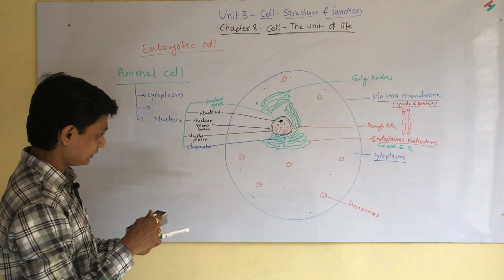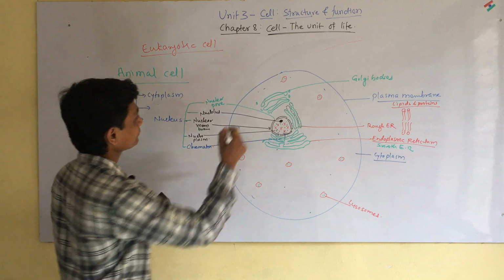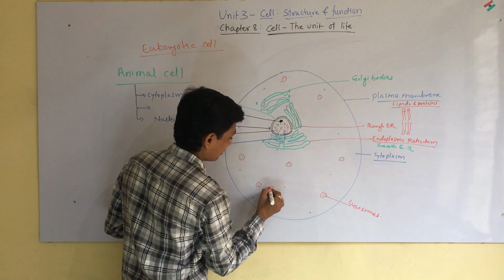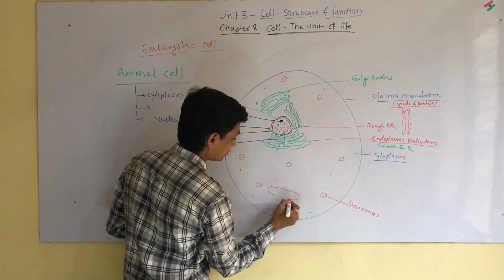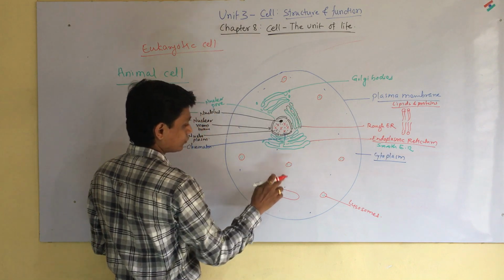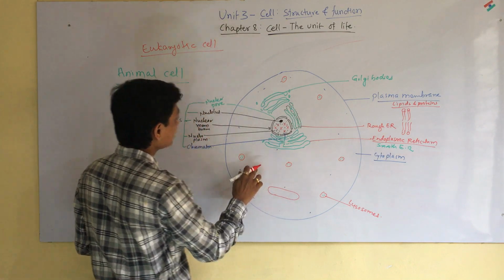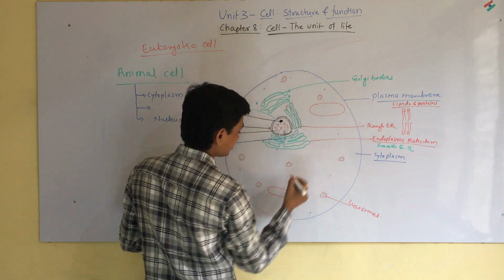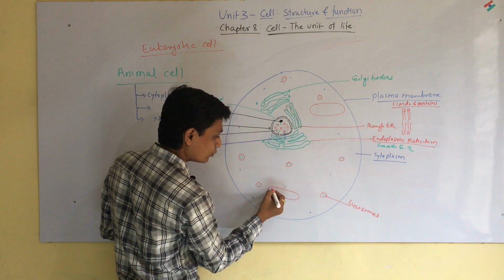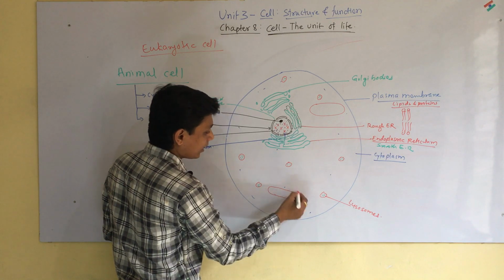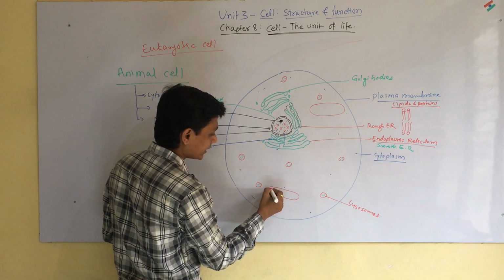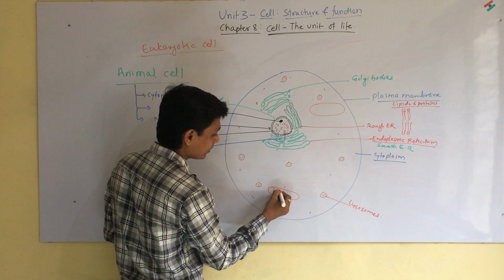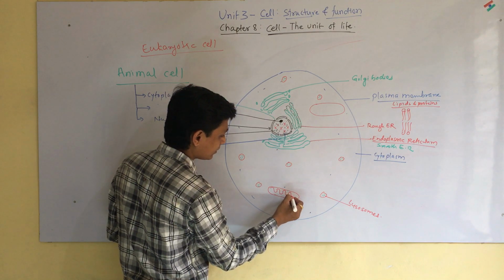Then along with this, some cylindrical structures are also present. Lysosomes are numerous in number in animal cell. Some cylindrical structures which contain two membranes, and the outer membrane is smooth while the inner membrane has some folds in it.